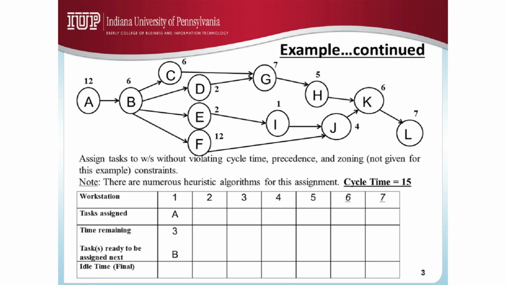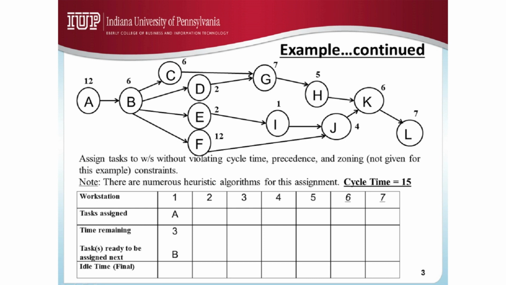Cycle time is 15. So I cannot assign A and B together in workstation 1, for example, because they take 18 minutes, which is more than 15 minutes. Secondly, you cannot violate precedence relationships.